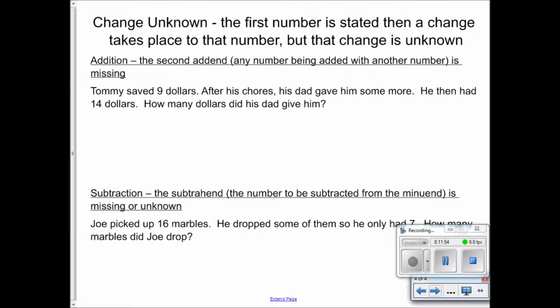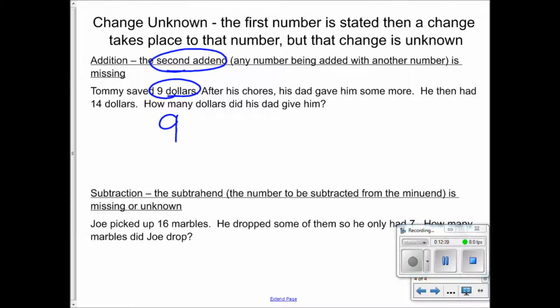In an addition problem, this time the second add-in is missing. So we're going to have our first add-in plus, and then our second add-in, we don't know what it is. Watch, this is how it goes. Tommy saved $9. You know how much he starts with? $9. Yes, he starts with $9.